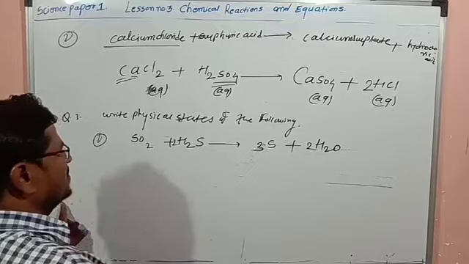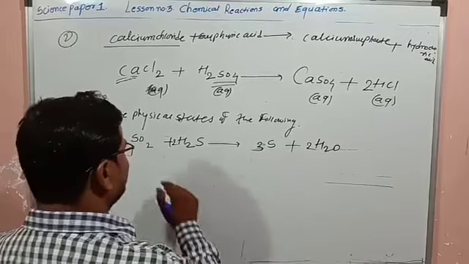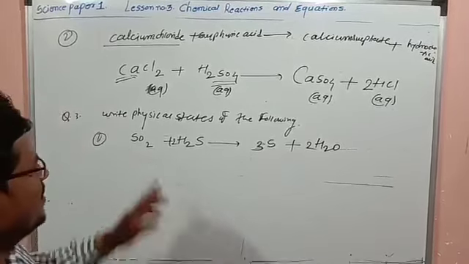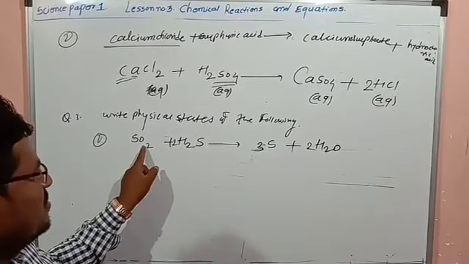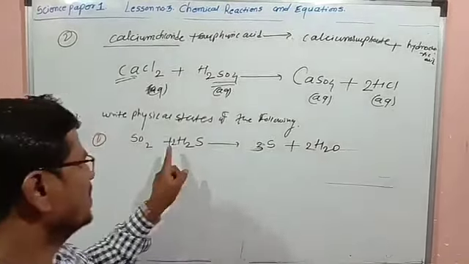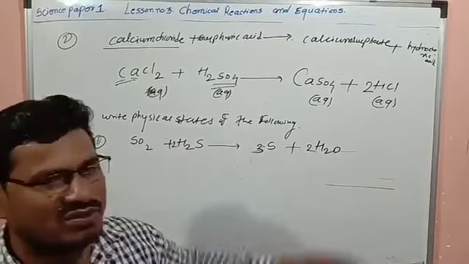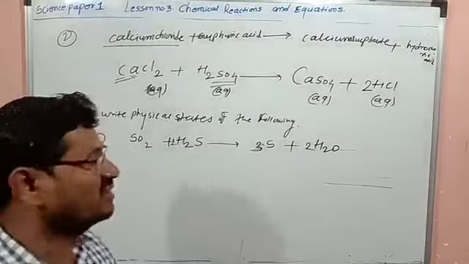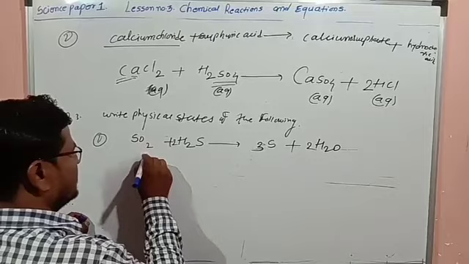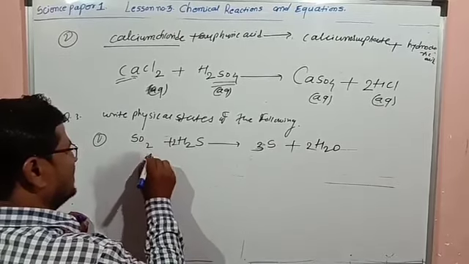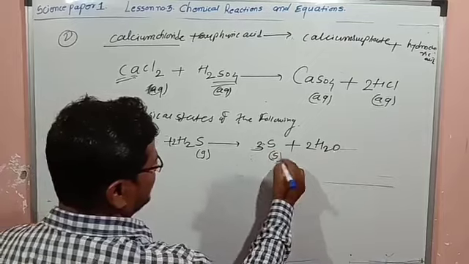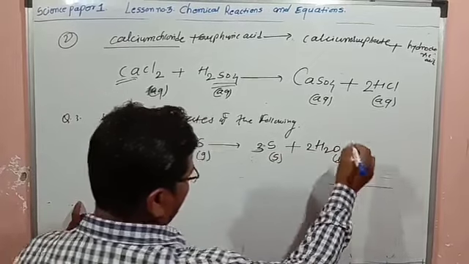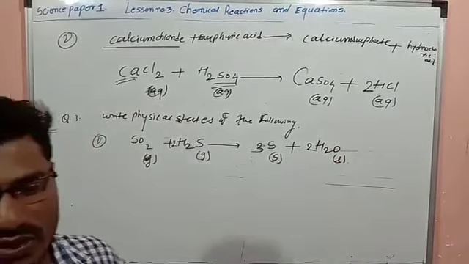So this chemical equation will be balanced. Now sulfur 1 plus 2 is 3. So oxygen 2, and hydrogen 4, 4. So this chemical equation is balanced, and the states are: gaseous, here also gaseous, this one is solid state, this one is liquid state. So this is the chemical equation.